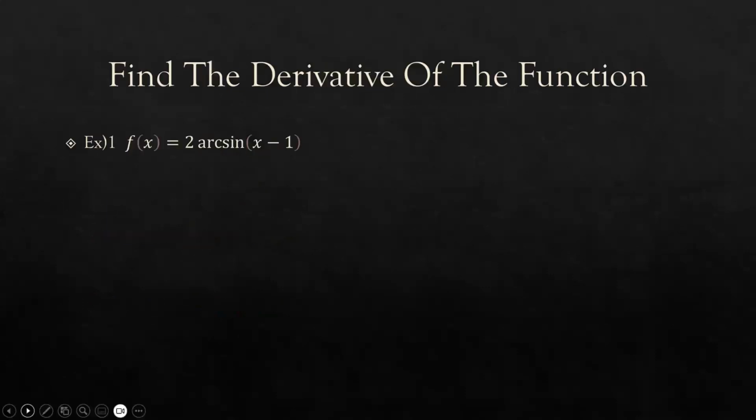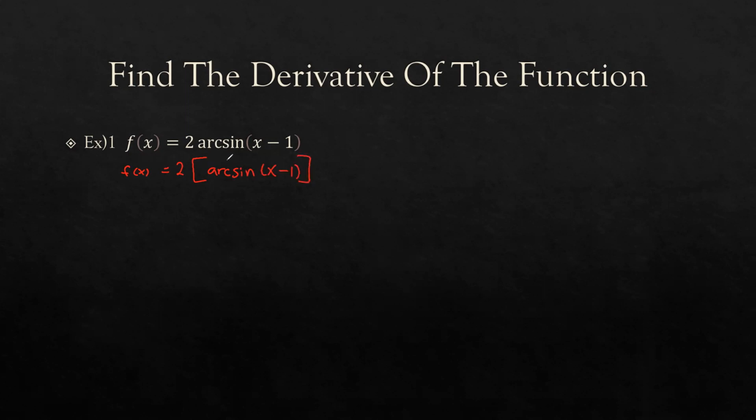So let's do example 1. Find the derivative of the function, and our problem is f of x equals 2 arc sin of (x minus 1). What we could do is, 2 is a constant, so we could take that out. So you can rewrite this problem as f of x equals 2 arc sin of (x minus 1).